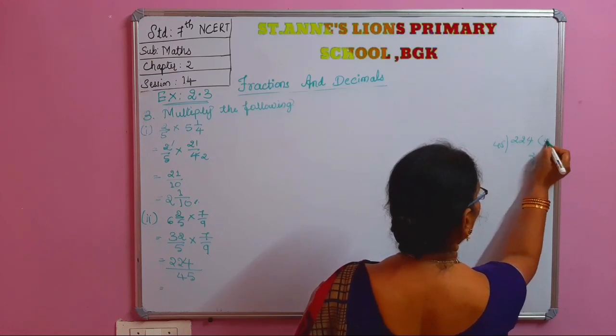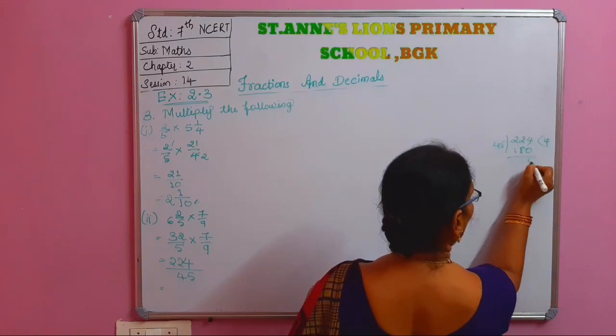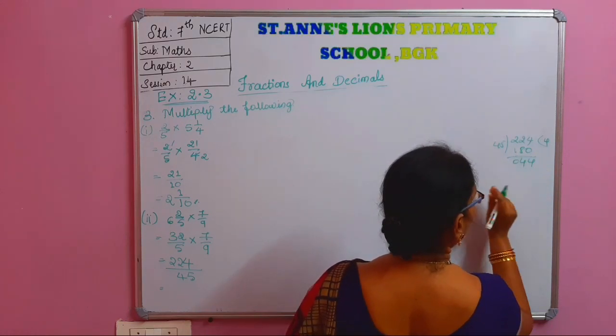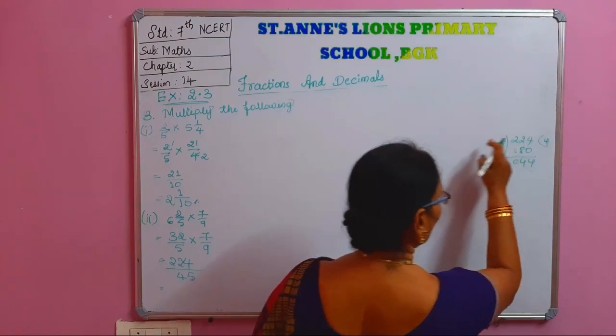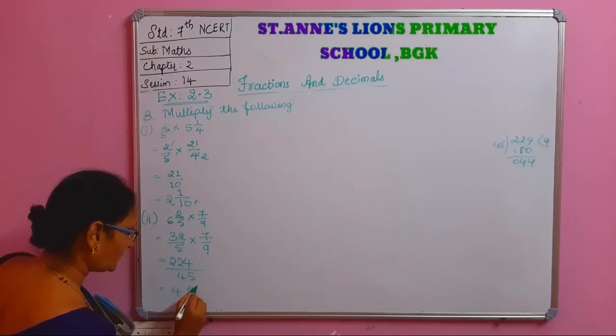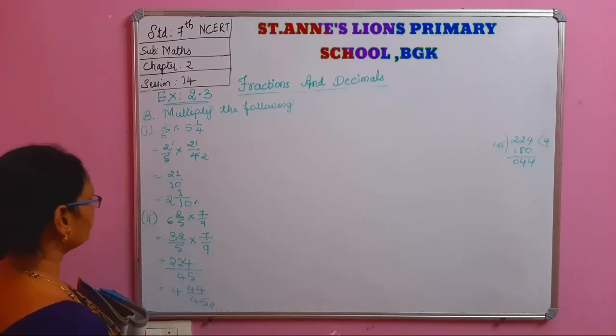Then it will be 4s only. 4 fives means it will be 180. Okay, 44. 4 integer 44 by 45 is the answer.